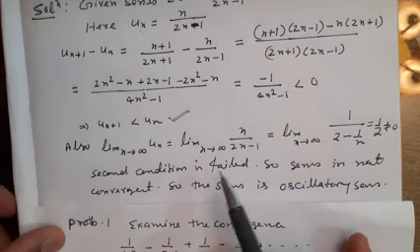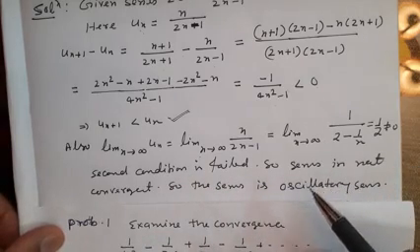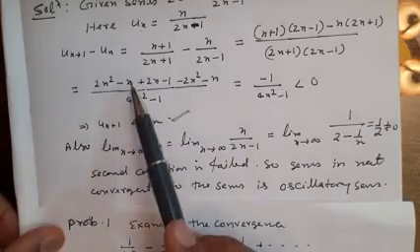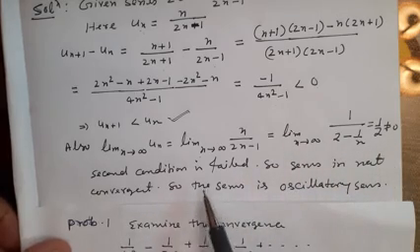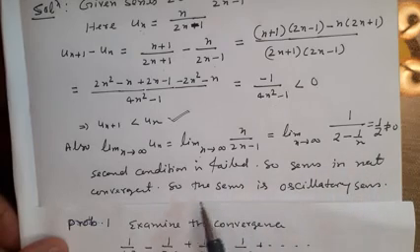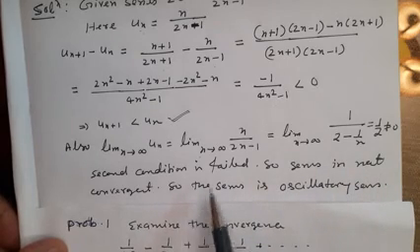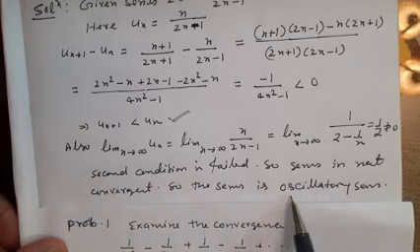So the series is not convergent. In this case, if first condition is satisfied and second is not satisfied, then you say series is not convergent, and in this case the series will be oscillatory.